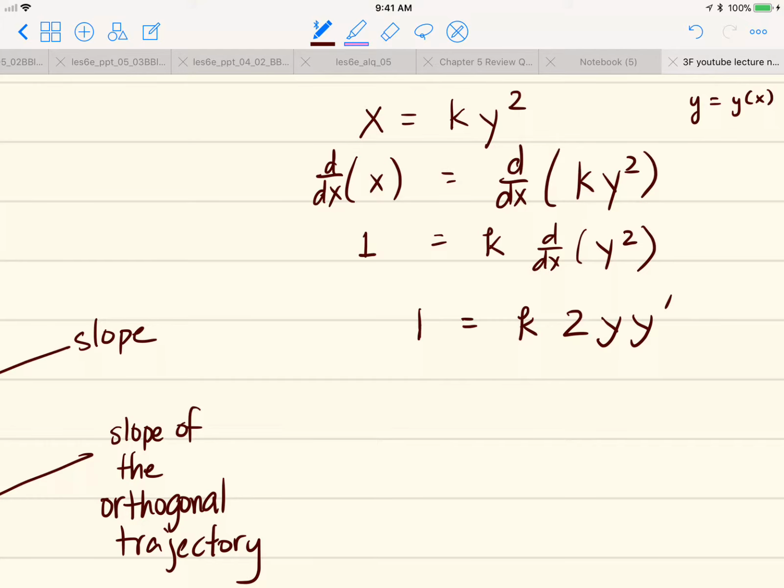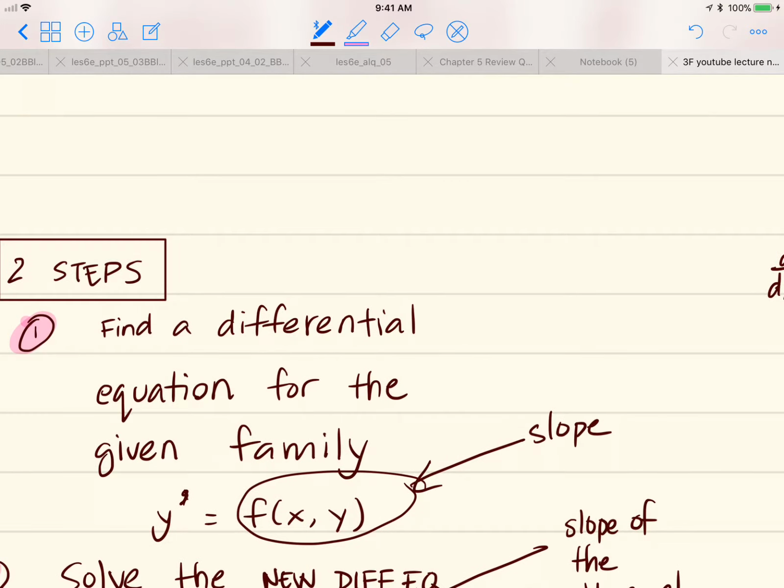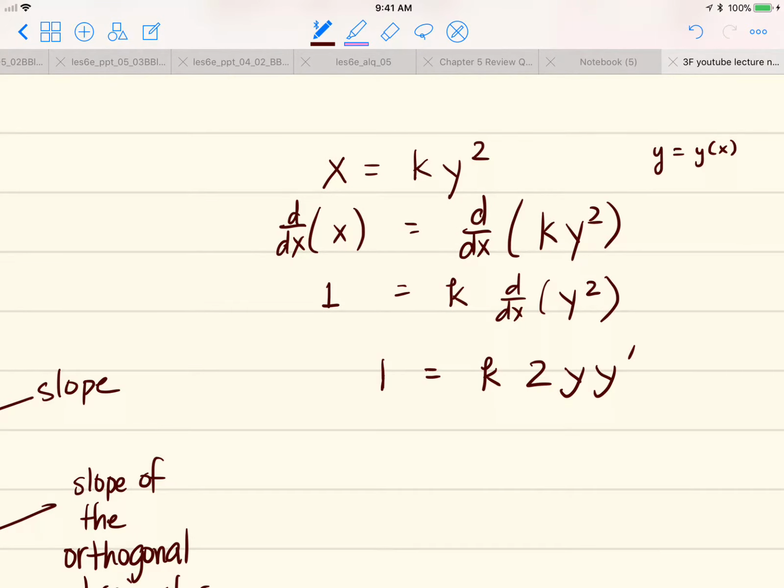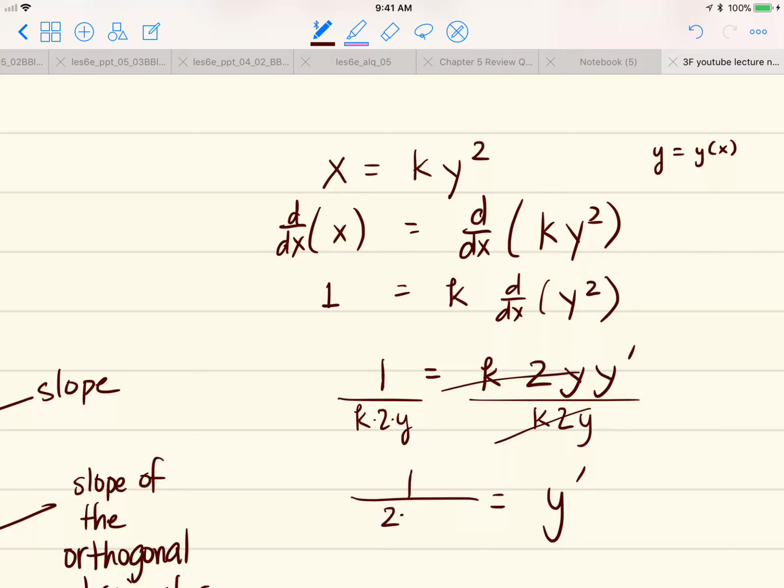Now, what is my differential equation? Remember, my differential equation needs to be of this form right here: y prime equals f of x comma y. So let's try to manipulate this equation to make it look like that general format. So I'm going to divide both sides by k times 2 times y. So now I have y prime equals 1 over 2k times y.